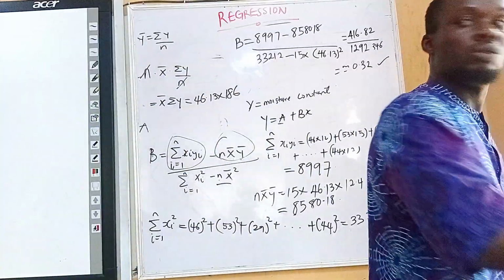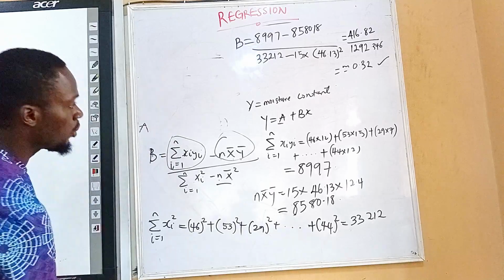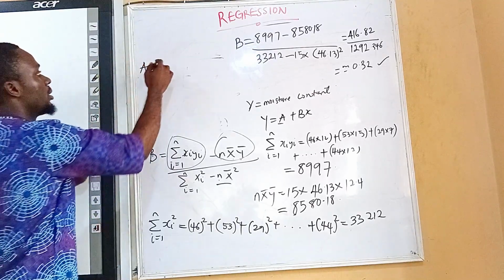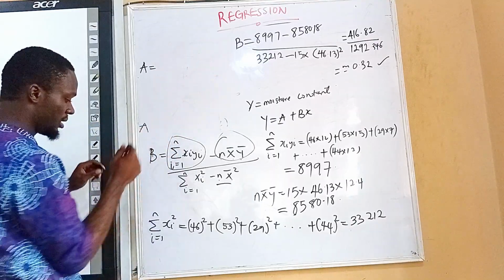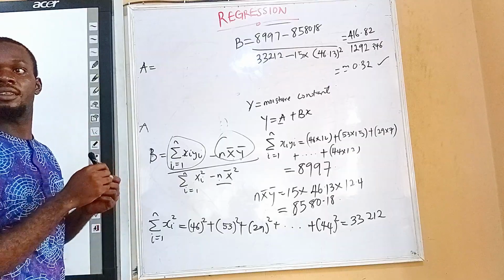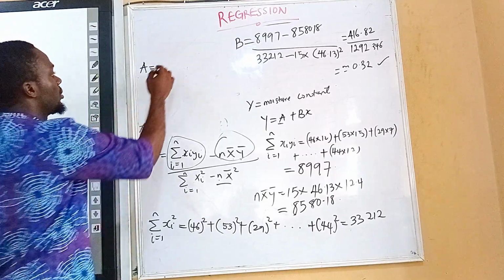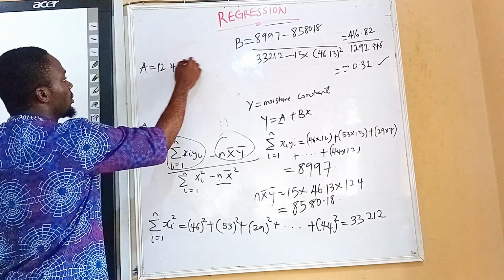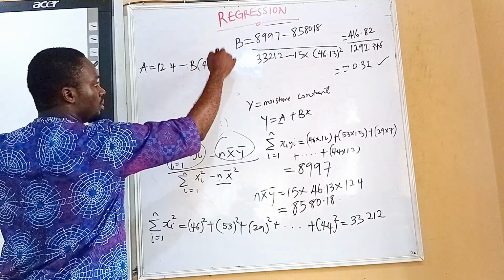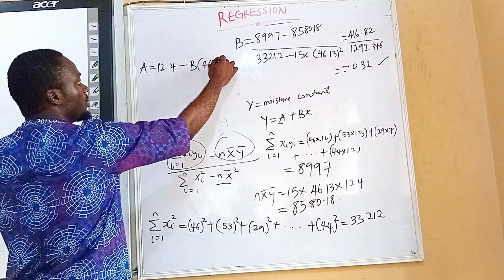Remember that our A is equal to y bar minus b x bar. We replace the y bar now: 12.4 minus b times 46.1.